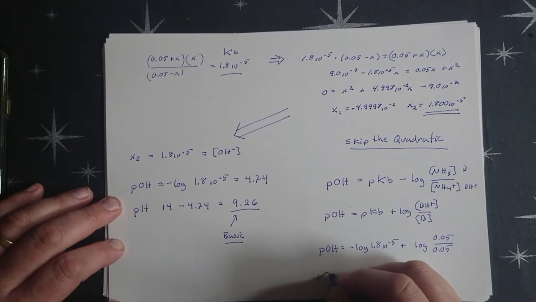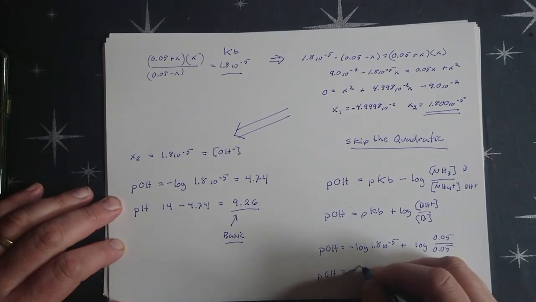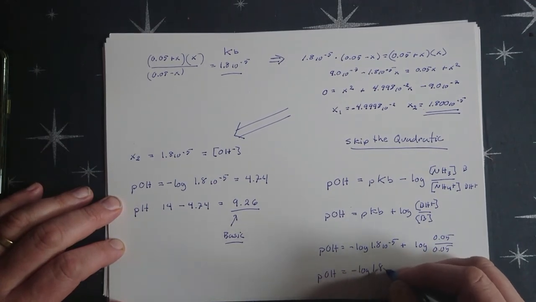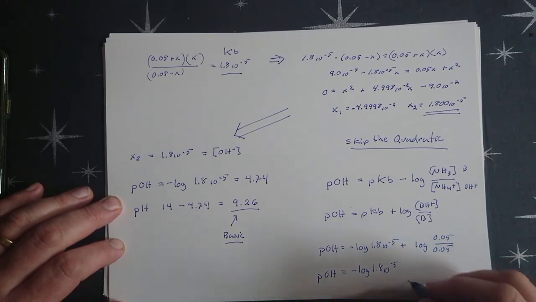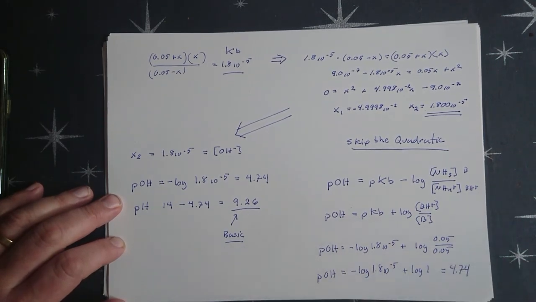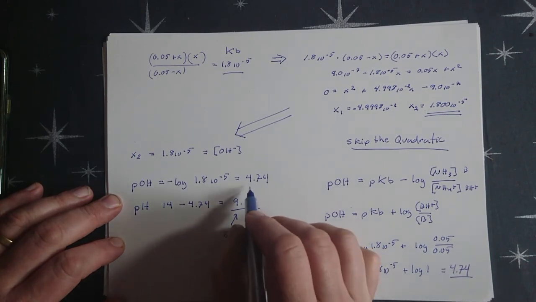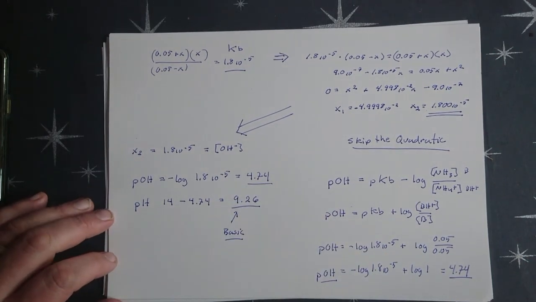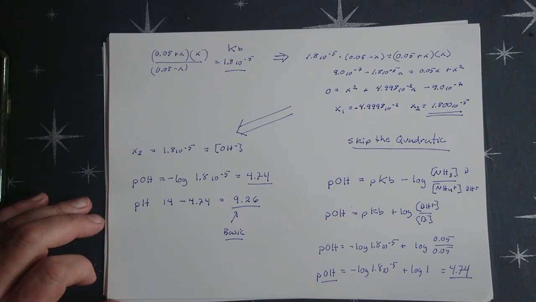So pOH equals the minus log of 1.8 times 10 to the minus 5 plus the log of 1, which basically is equal to 4.74, without doing the quadratic. So that's the answer to this particular base buffer.